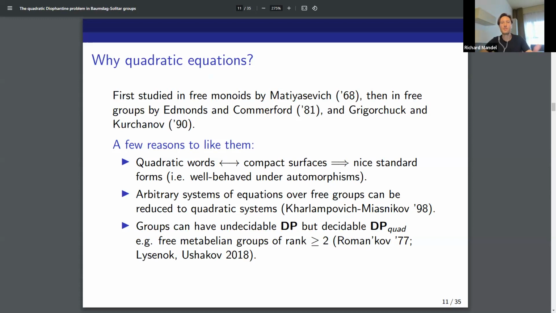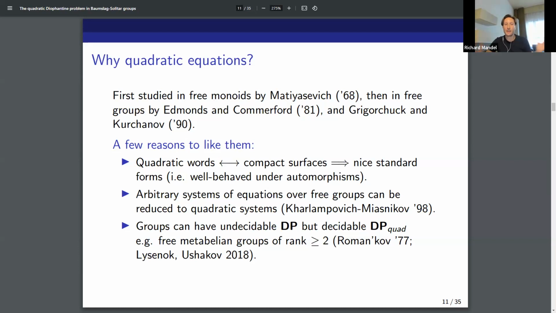This is the standard way of looking at compact surfaces, and it gives rise to nice standard forms. There are also applications to the study of arbitrary equations over free groups, because they can be reduced to certain special quadratic systems. This was established by Kharlampovich and Myasnikov.